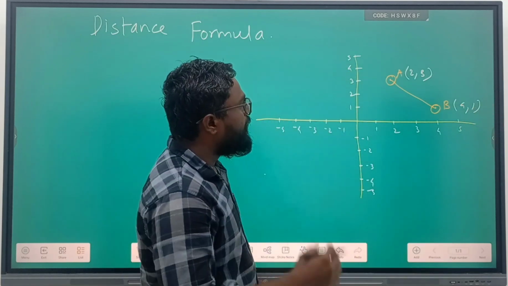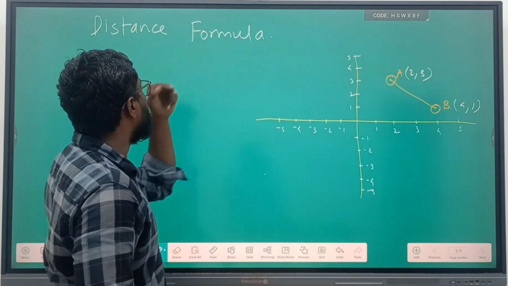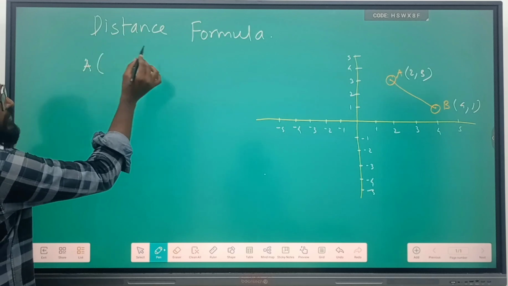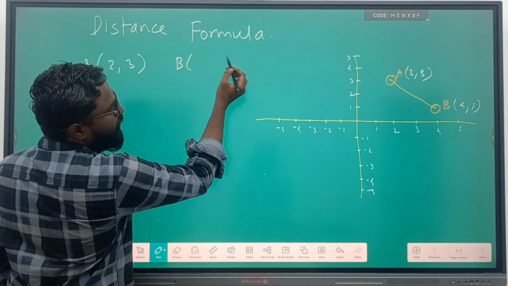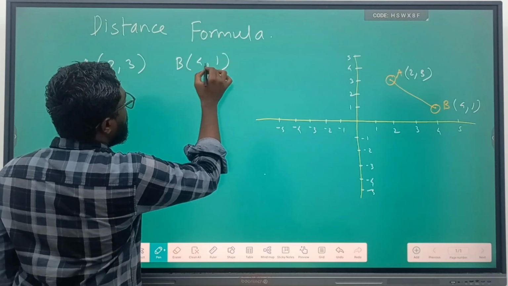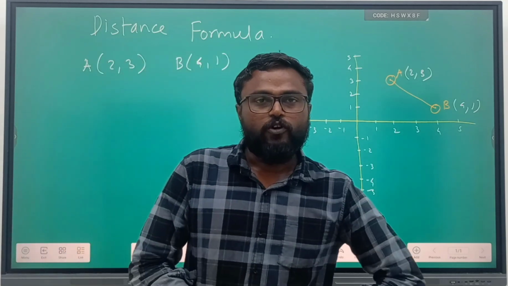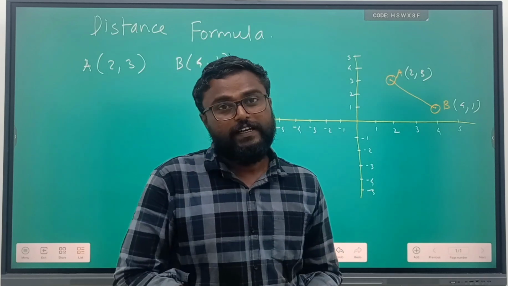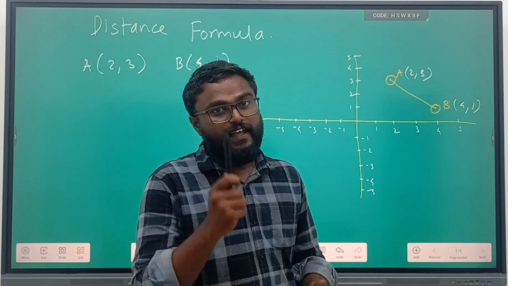Now I will write these coordinates down separately over here. Point A is 2, 3, and point B is 4, 1. To apply the distance formula, we need to initially consider one coordinate pair as x1, y1 and the other one as x2, y2.